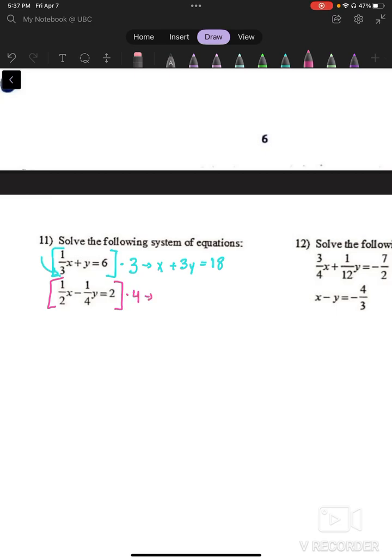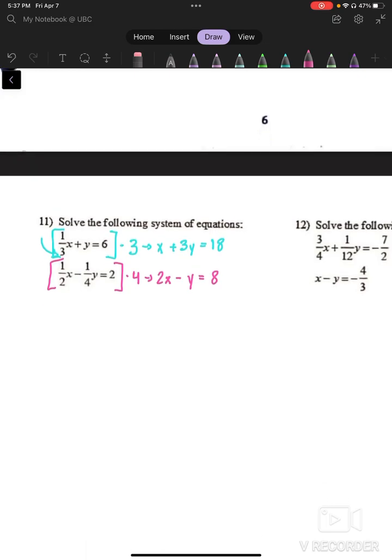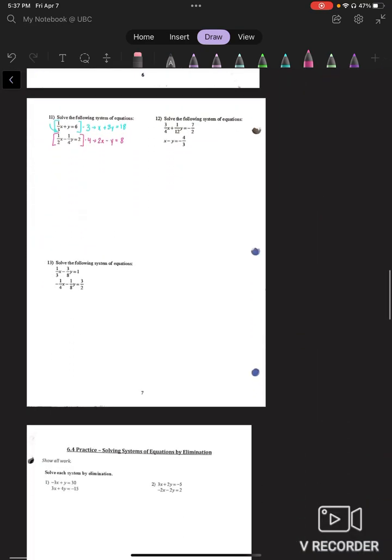So 2x minus y equals 8. So that's what your two equations would look like. I'll let you do the rest of those. Hopefully that helps.